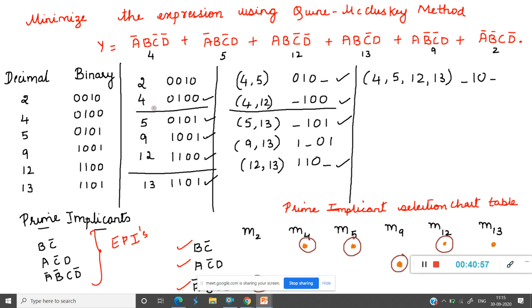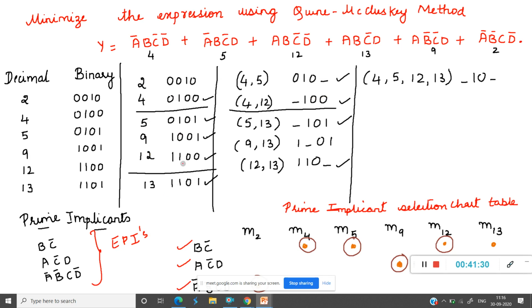Next 4 with 5, 4 with 9, 4 with 12. 4 with 5 is possible, I have written here. 4 with 9 is not possible because there is more than 1 bit difference, so I cannot compare 4 with 9. Next, 4 with 12. Can I compare it? Yes. It differs only in the first bit: dash 1, 1, 0.